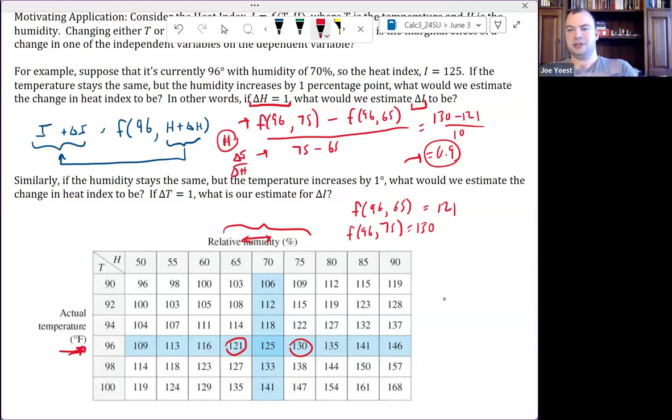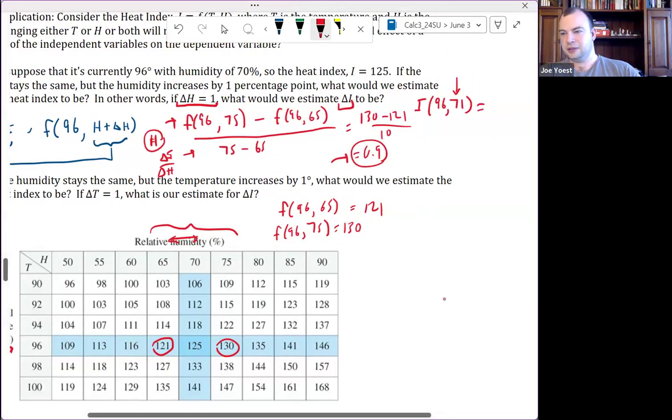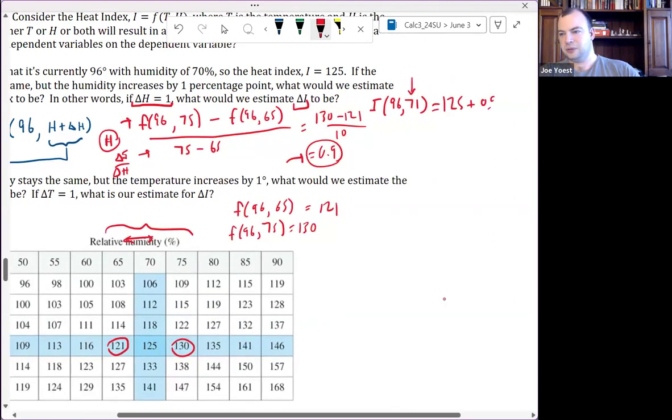So if we went from 70 to 71% and kept that 96 degrees the same, I might estimate that I of 96, 71, where this is increased by 1 percentage point, is 125 plus 0.9 times 1, because delta H equals 1.